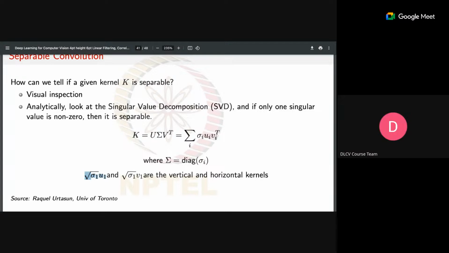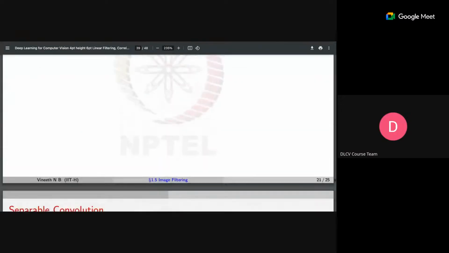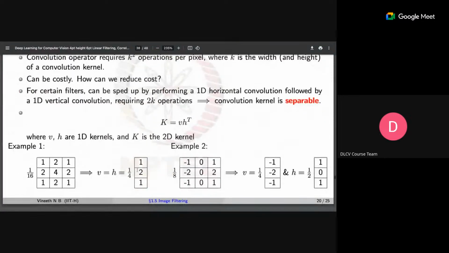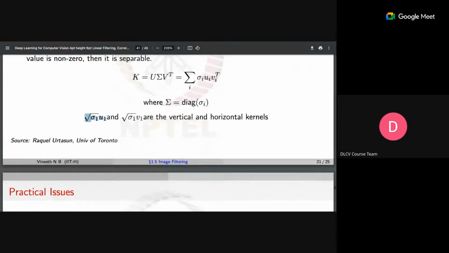So you have the two kernels, which you can represent as V and H. They call the first one, root sigma 1 U1, the vertical kernel, and root sigma 1 V1 the horizontal kernel.